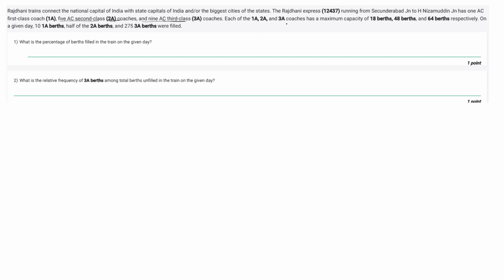Each of the 1A, 2A and 3A coaches has maximum capacity of 18 berths, 48 berths, 64 berths respectively.